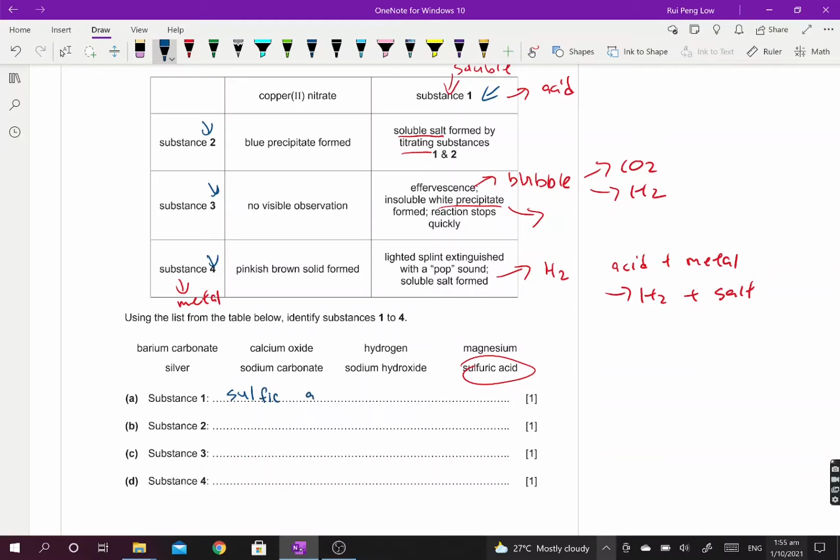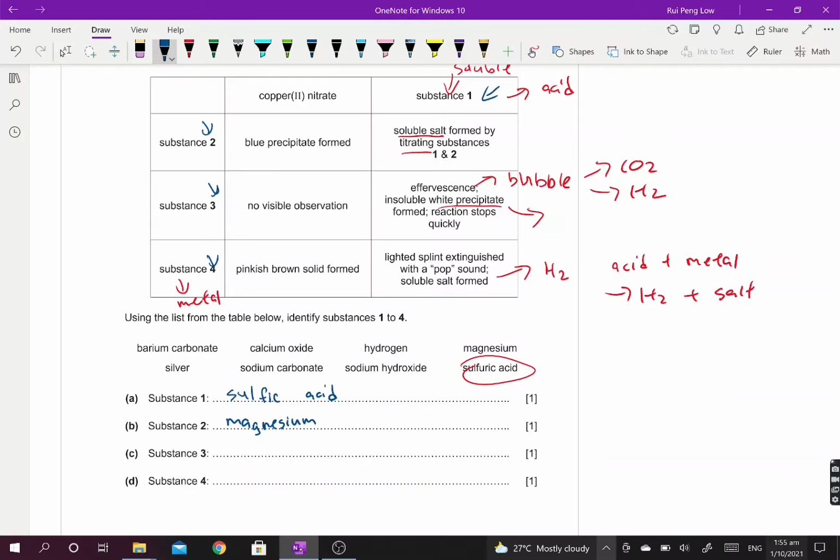Okay, substance 4. For substance 4, we can choose between magnesium and silver. That is the only metal that we have. But in this case, I will choose magnesium because silver does not react with acid, as silver has a very low reactivity and is below hydrogen.